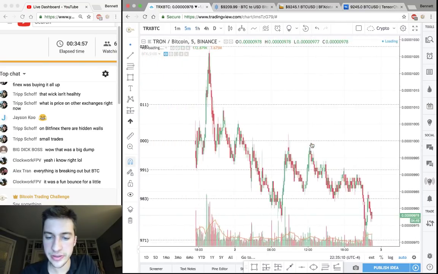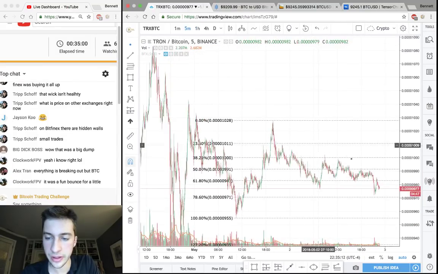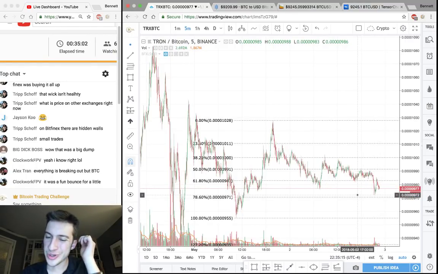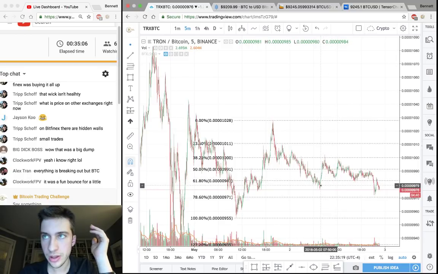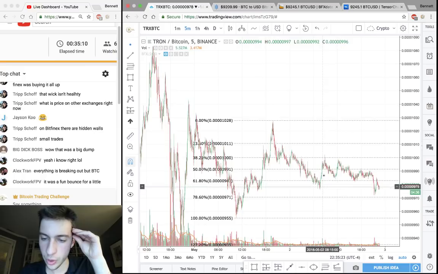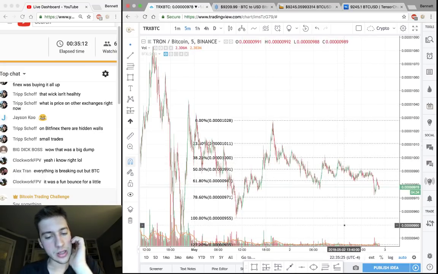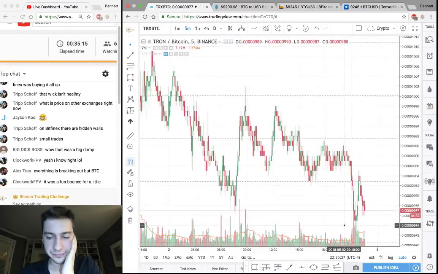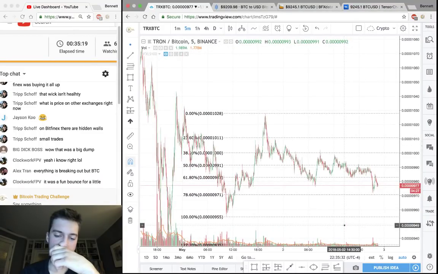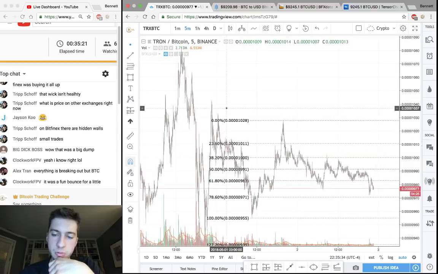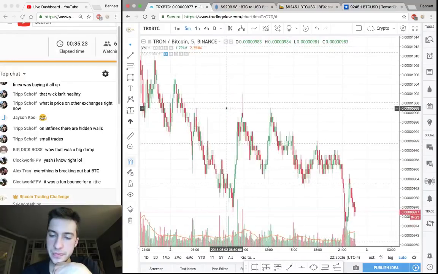But it looks like the 61.8 has been confidently broken. Unless you can reason that this is a stop loss hunt, and you might get a 3-point stop loss reversal, so like L1, H1, L2. If you think that's the case, I don't know. Momentum-wise, this looks like momentum favors the bears rather than the bulls with TRX BTC.